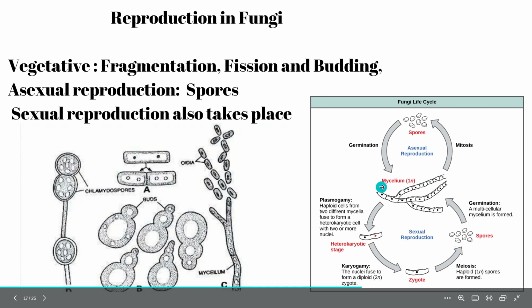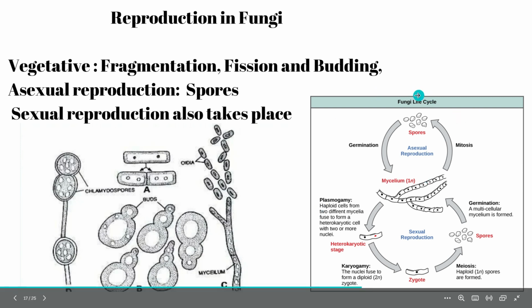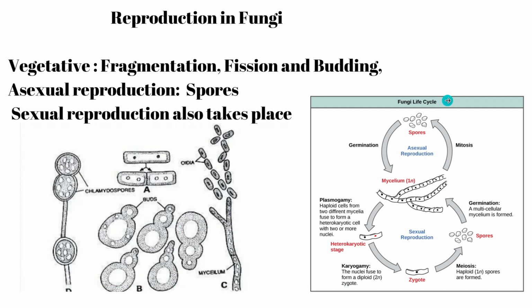Whereas the mycelium undergoes mitosis, which results in the formation of spores. These individual spores germinate into a new mycelium. This is the complete picture of fungal reproduction, both sexual and asexual.